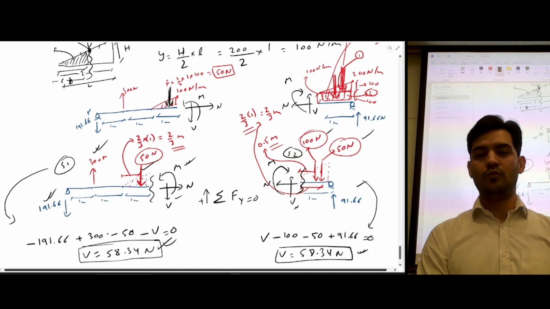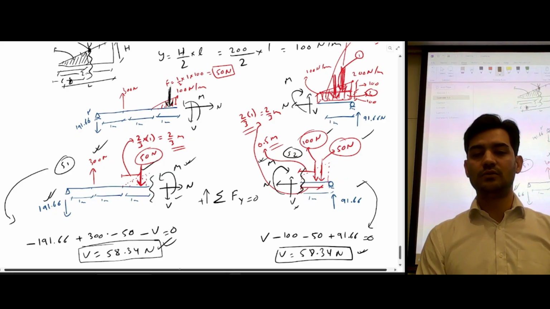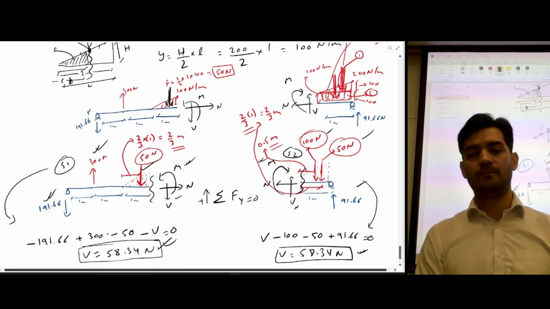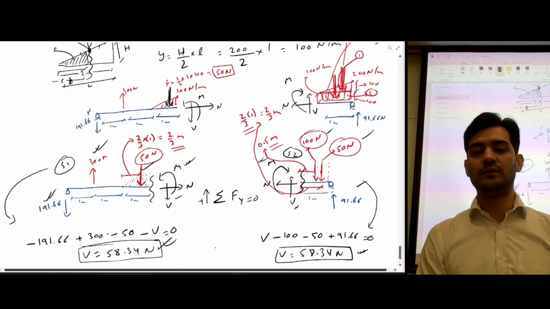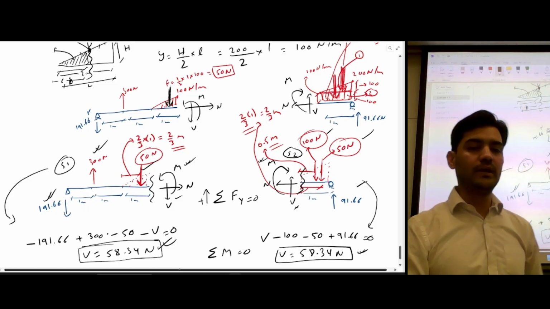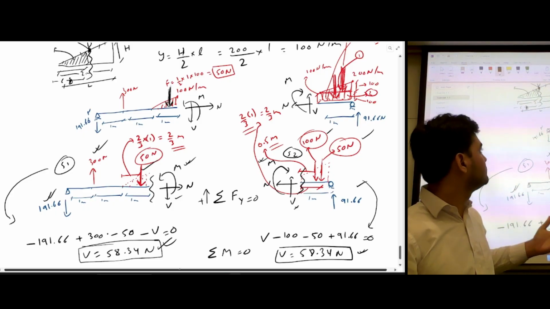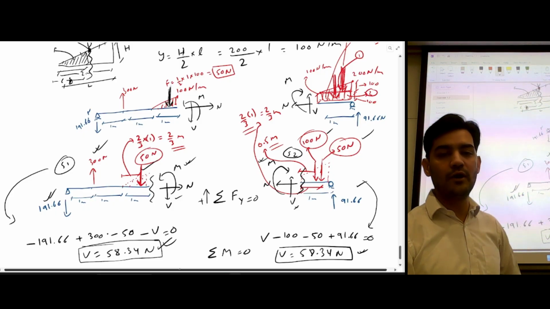So now only moment is left to be calculated. So we'll use the third equation of equilibrium, that is summation of moment is equal to 0. What we can do here is take a moment at any point, but let's just take a moment at this point.